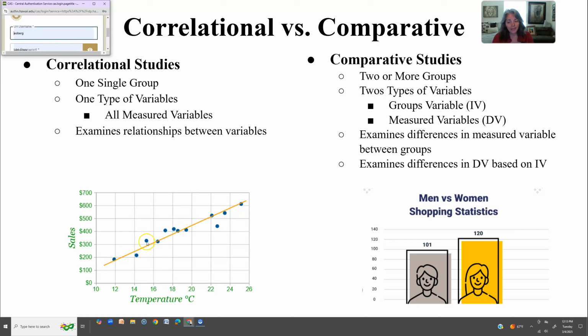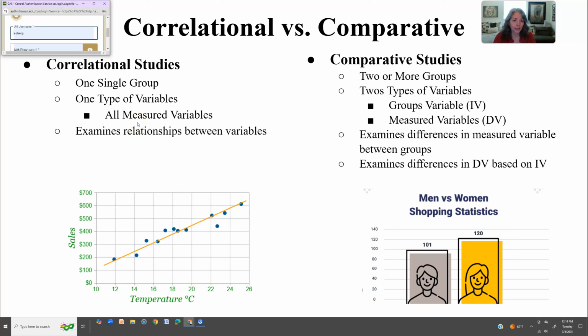Day 3, it was a little bit over 15 degrees Celsius and a little over 300 in sales. See that? Notice as temperature's going up, your sales are going up. We call that a positive correlation. The tighter the dots are to one another, the more likely it is to be a statistically significant relationship. So that's a correlational study, which was one of the first things that we did.